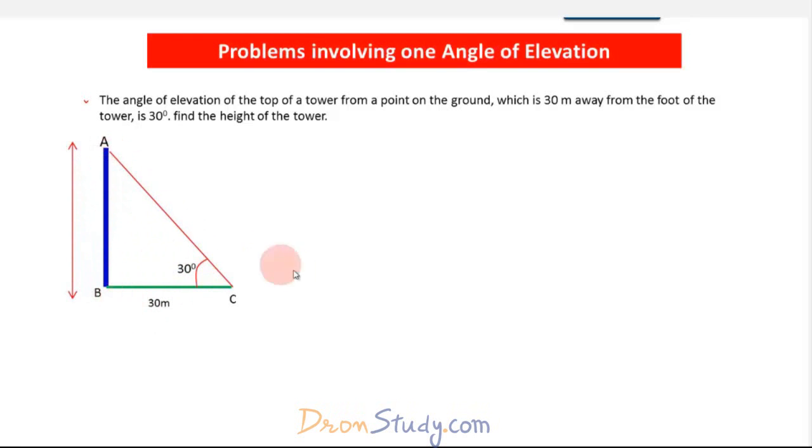Here if you see, you will find that the angle of elevation is 30 degrees, the tower is the opposite side, and this 30-meter distance is the adjacent side. So we will have to search for such a relation which contains the opposite side and the adjacent side.